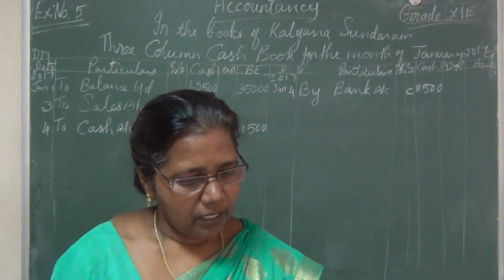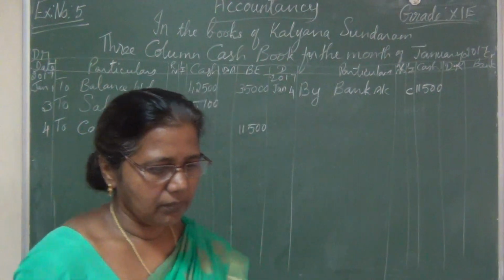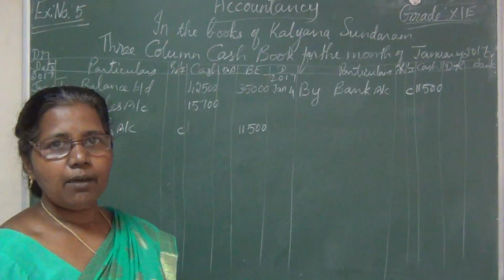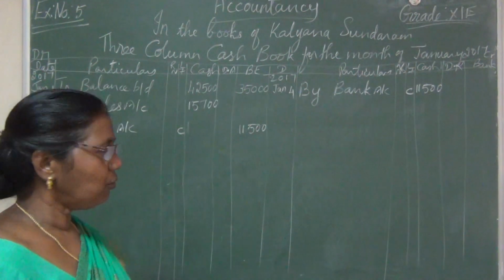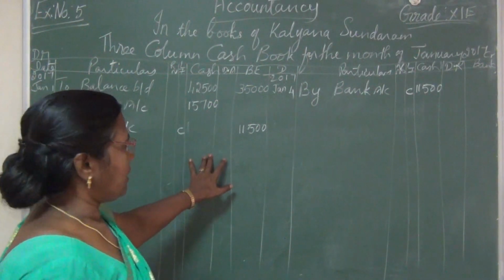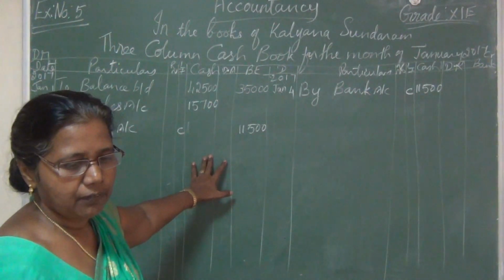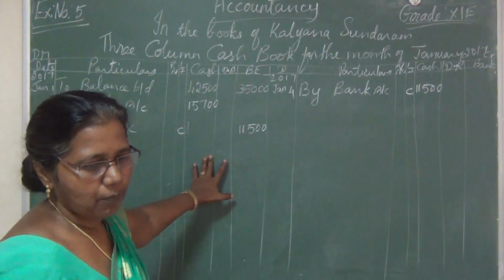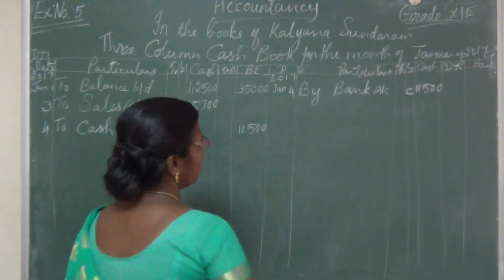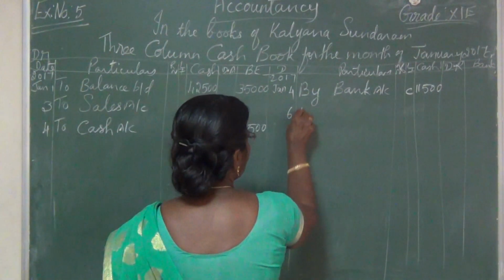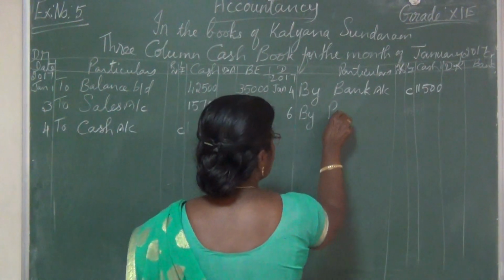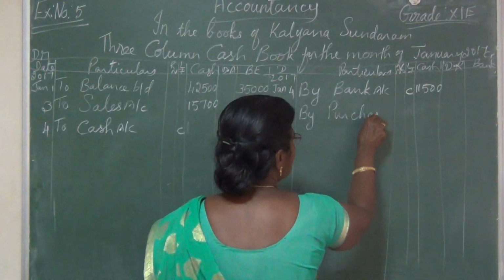Okay. Then cash purchases. 6th. What is the entry? Purchases account debtor to cash, isn't it? So we pay cash and we receive goods. So purchases account debtor to cash. Which date? 6. So by purchases. Cash account is credited, isn't it?